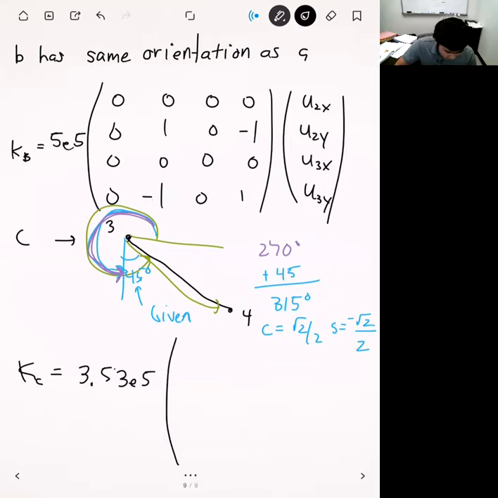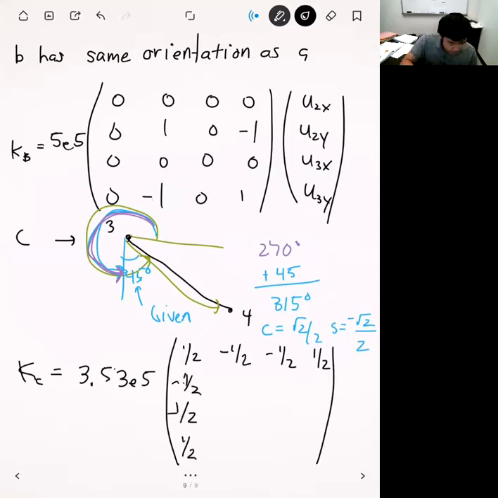Okay. And so if we plug in a positive √2/2 and a minus √2/2 into the first row, what we get is 1/2, minus 1/2, minus 1/2, 1/2. Okay. And once again, I'm going to write this into the first column. So that's minus 1/2, minus 1/2, 1/2. Okay.